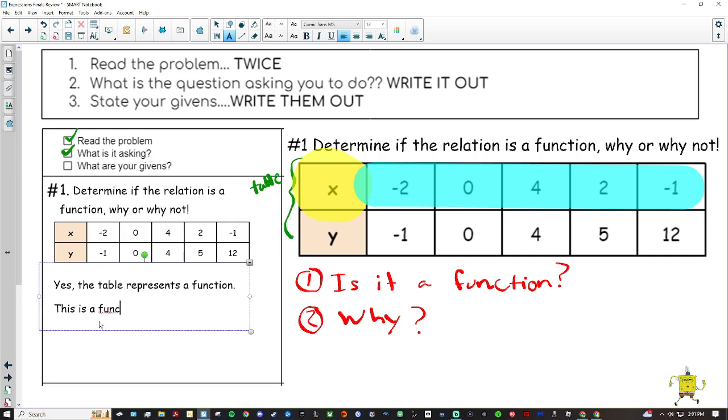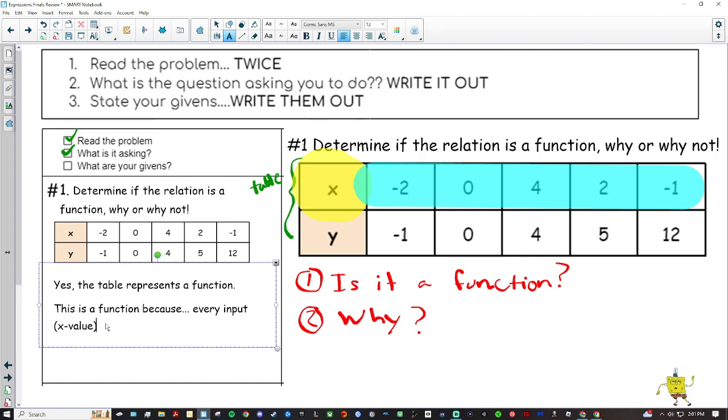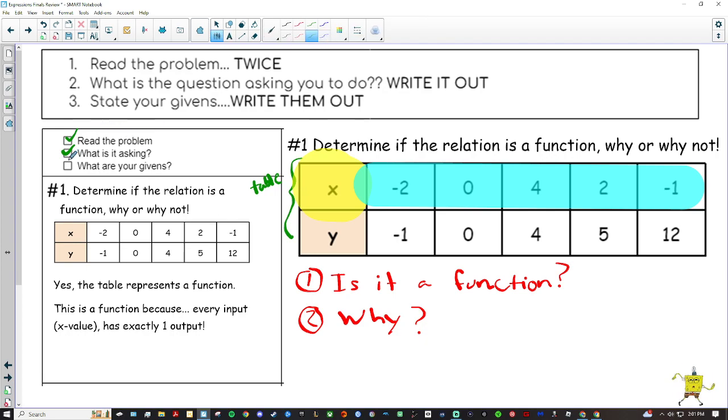This is a function because, or if it wasn't a function, this is not a function because, well, every input, which is x value, has exactly one output. That is our reason why. And we're done with number 1. Forgot to check off our given, but we did do that. Number 1, all good and done.